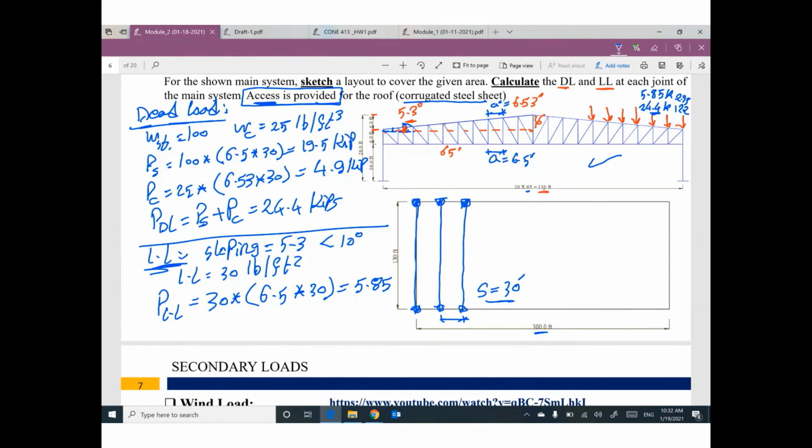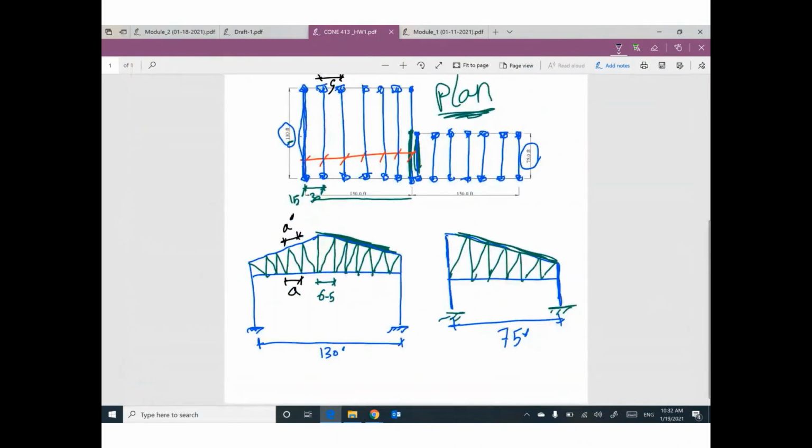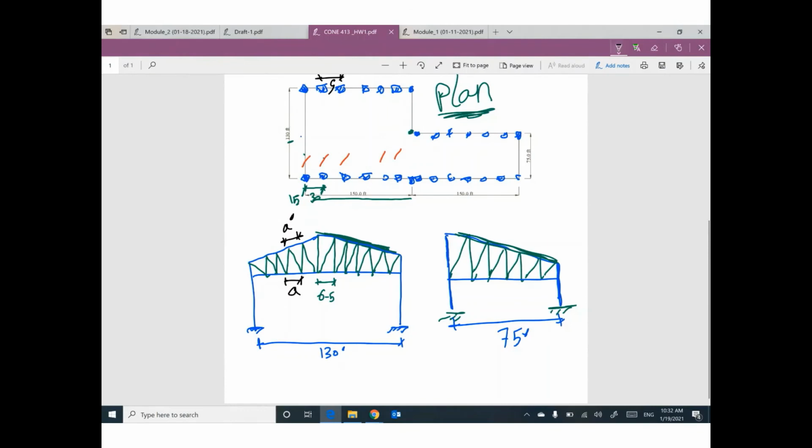So guys, the scenario for any project of a steel structure, you will have an area of land like this one. So you need first to lay out the project and choose your main system. What is the layout of the truss? What is the spacing between them?